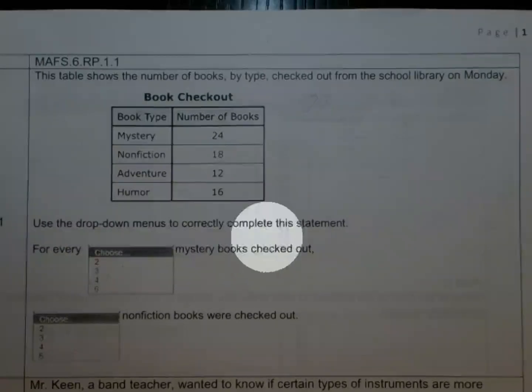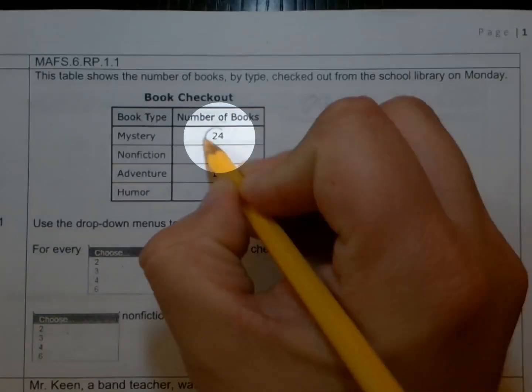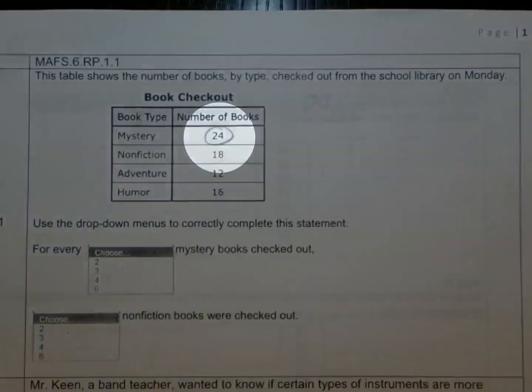So the first step is to read the question. Use the drop-down menus to correctly complete this statement. For every blank mystery books checked out, since we have the word mystery, we have to go back to the table, and mystery number of books equals 24. So we're going to circle this number right here.